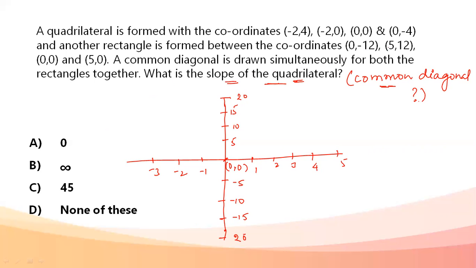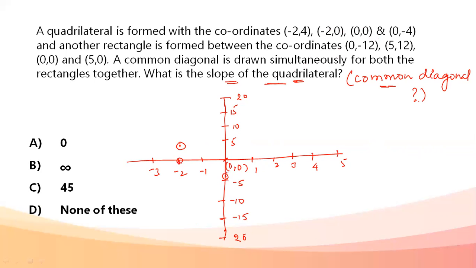Right, 0, 0 is done. Then next is minus 2, 4. If we talk about the first quadrilateral, minus 2 and 4 is somewhere here. Now minus 2 and 4, minus 2 and 0 here, then 0, 0 and 0, minus 4.